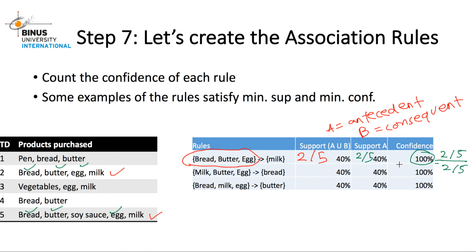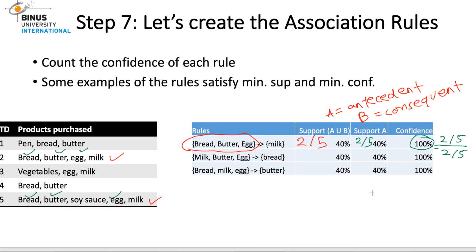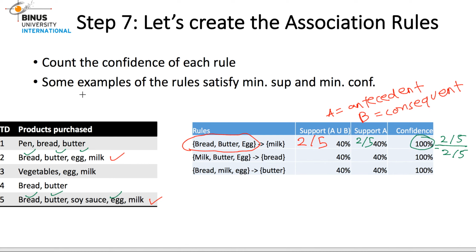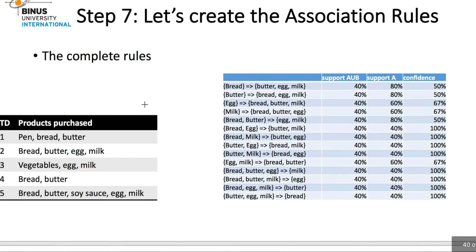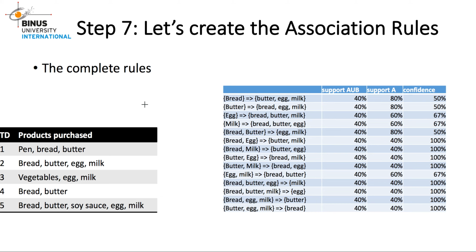Okay, this is how we calculate the confidence. This is just some examples of the rules, not all the rules. So we can have a look at the complete one. It's this one. If we see in here, the whole rules that we can build from the last frequent item set are all over 40%.